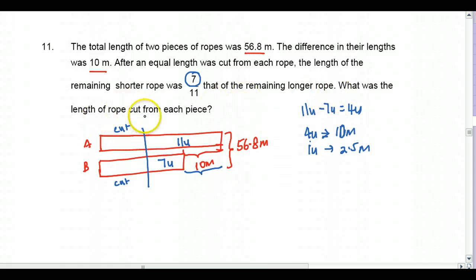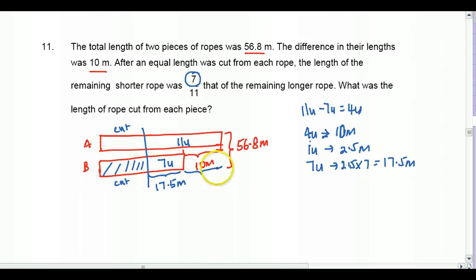What was the length of the rope cut from each piece? So 7 units will be 2.5 times 7, which is 17.5 meters. Okay, so I know this is 17.5 meters. So now I want to find what is the length that was cut here. So how do I find it?